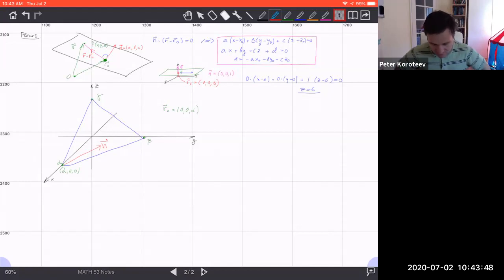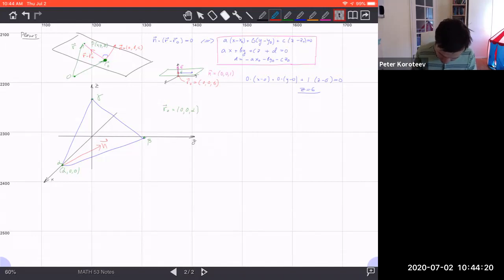So how shall we find this vector n? We need to find a vector that is orthogonal to the plane. We know a very efficient way to do that. Yes, absolutely, a cross product. The cross product of any two vectors that lie inside that plane, and luckily we have them at our disposal.